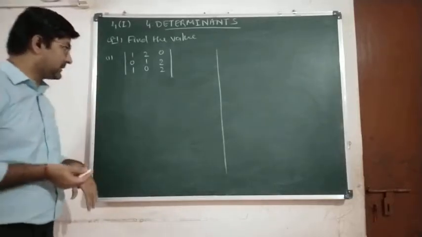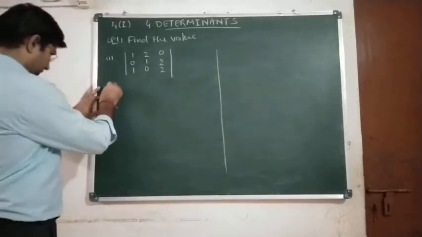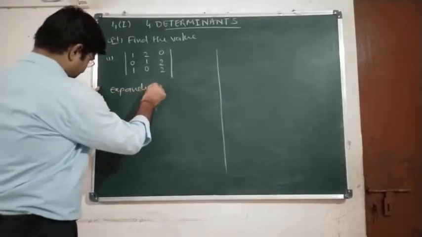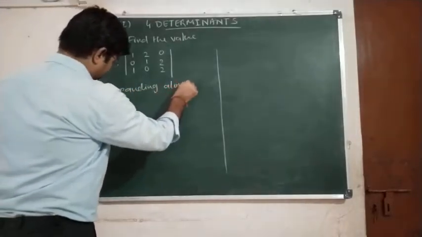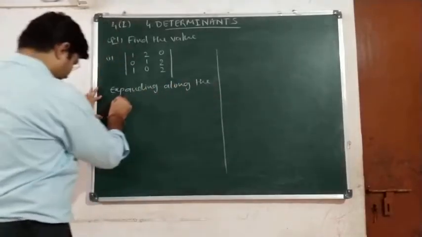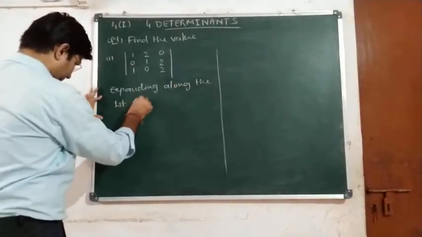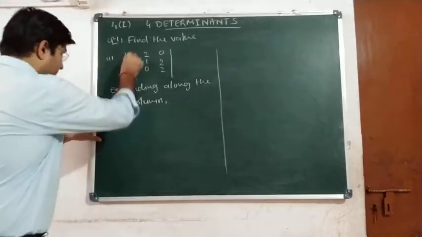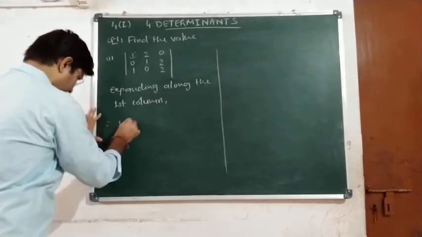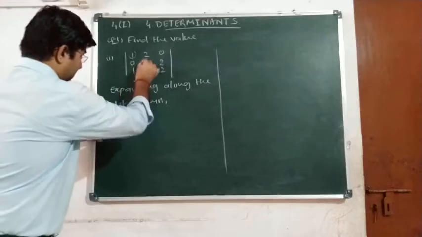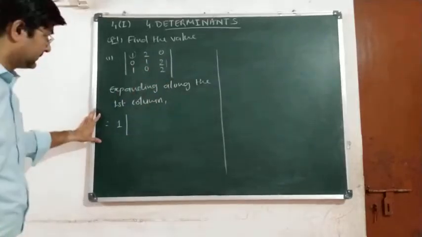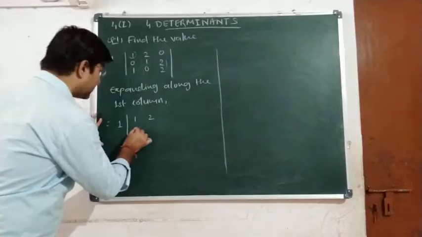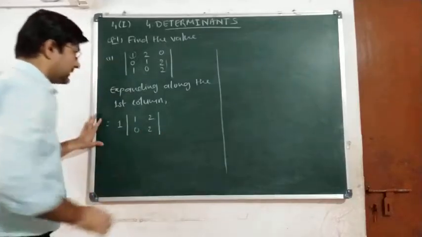So let us expand this along the first column. We take first 1 into its subdeterminant, which will be 1 0, 2 2.